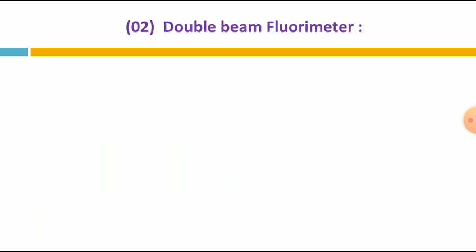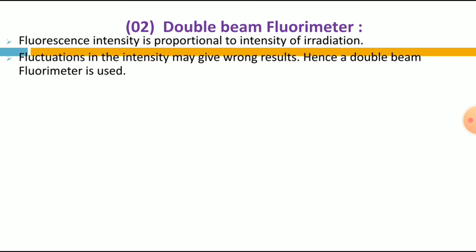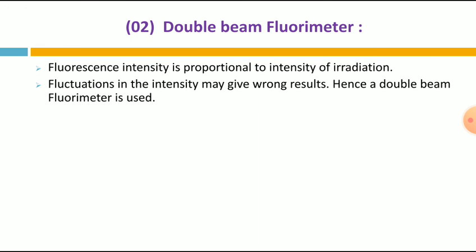So for the double beam fluorimeter, first we will see the working. All of you know the working of the single beam fluorimeter. This instrument is slightly different from the single beam. Fluorescence intensity is proportional to the intensity of irradiation.